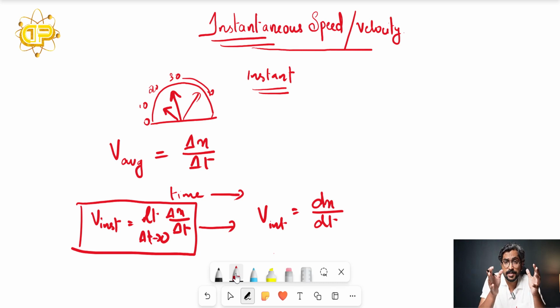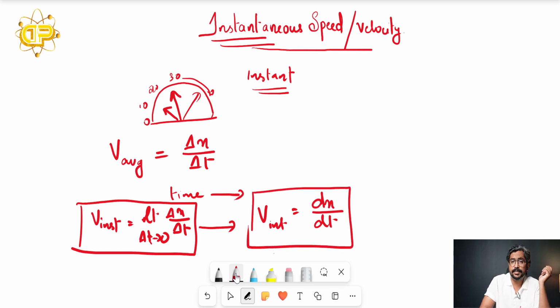I am differentiating the displacement with respect to time, and I get the instantaneous velocity.